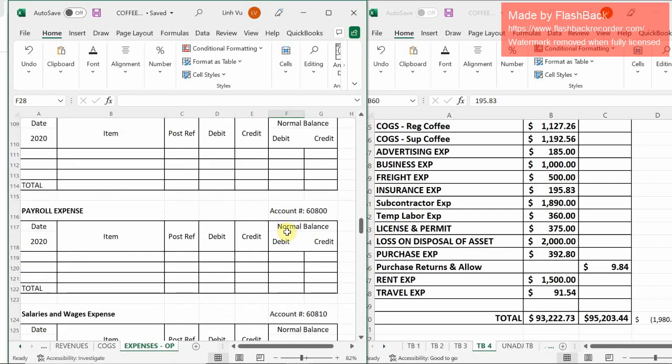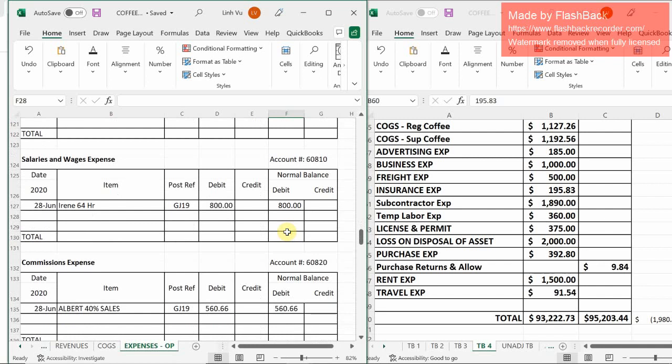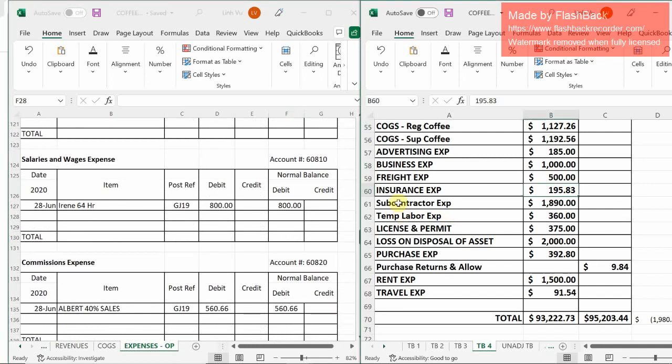However, we just encountered payroll. So that means, yes, we have a bunch of payroll expenses. Starting with the first one is going to be our salaries and wages expense. So therefore, I need to insert this right above purchase expense.